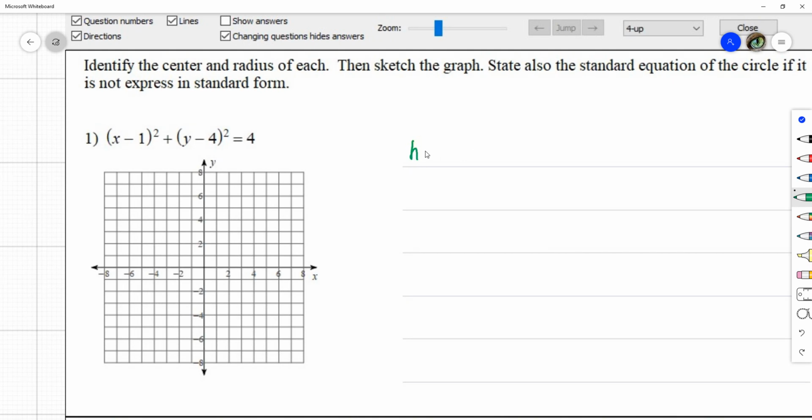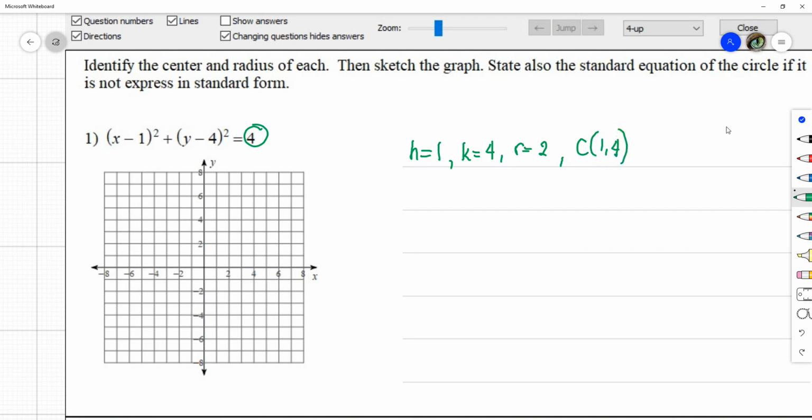The value of our h is 1, the value of our k is equal to 4, and the value of our r would be 2, since this is 4. The positive square root or the principal root of 4 is 2. And of course, we can now get the coordinates of our center, which is (1, 4).